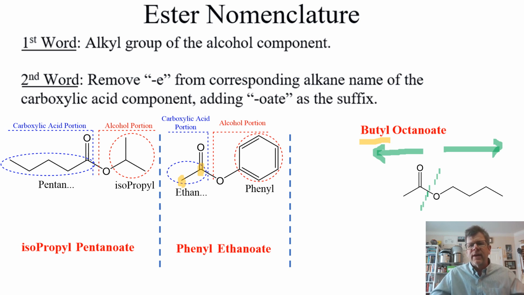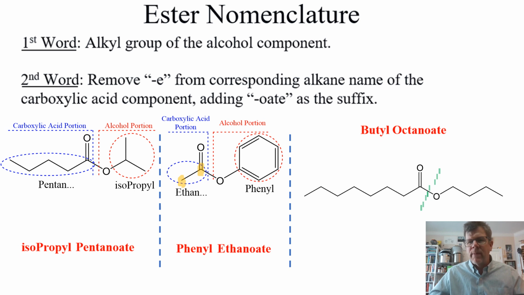So on the carboxylic acid portion, including that carbonyl carbon, I'm going to put 8 carbons. So that's 1 carbon, and I draw in another 8. So 2, 3, 4, 5, 6, 7, 8. I know I sound like a rookie, but it is important, so you don't make that mistake of adding in 1 extra carbon or too many carbons. So that would be the proper structure of butyl octanoate.